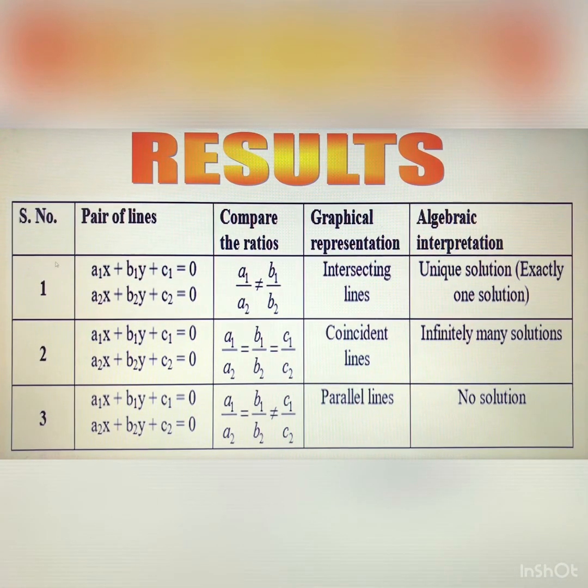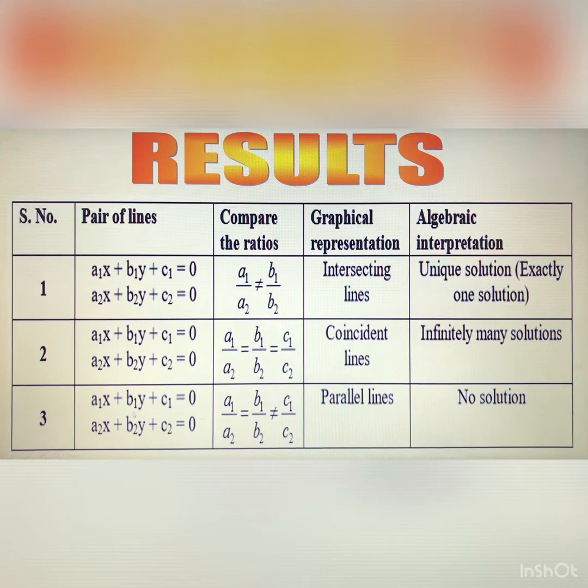So let us see, this is a system, that is a pair of linear equations. If a1 by a2 is not equal to b1 by b2, then the lines are intersecting and have a unique solution. And for the second one, if all the ratios are equal, then the lines are coincident and have infinitely many solutions.